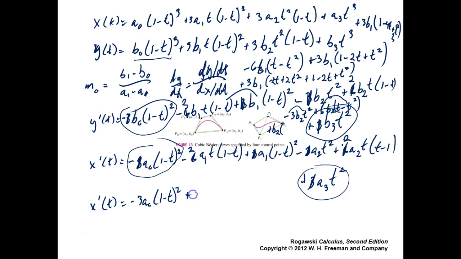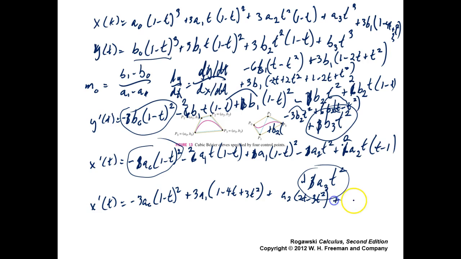Then they do a plus 3a1 times 1 minus 4t plus 3t squared, which I got too. But then they have a plus a2 times 2t minus 3t squared. I've got that they need a 3 there. But we'll check that in just a second.